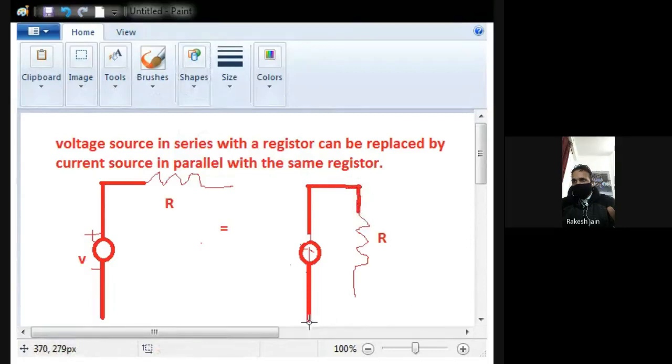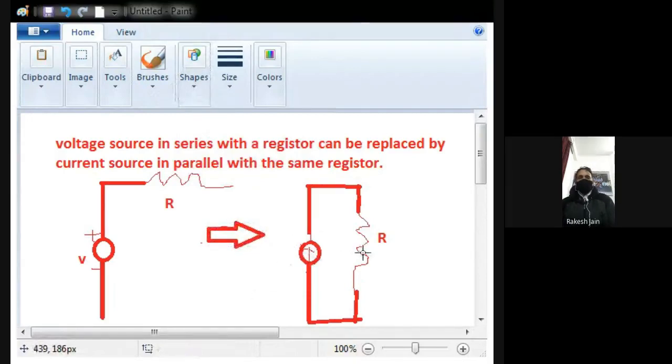No need to get confused. What is source transformation? Whenever a resistance is in series with a voltage source, we can replace it by a current source in parallel with the same resistor.